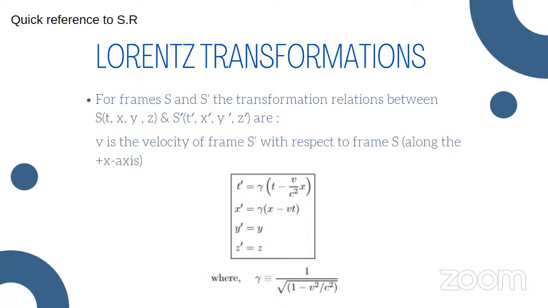The Galilean transformation was known previously, but then came the Lorentz transformation for two frames moving with a relative velocity v. These equations dictate how space-time changes from one frame of reference to another. The gamma here relates the relative velocity to c, the speed of light.